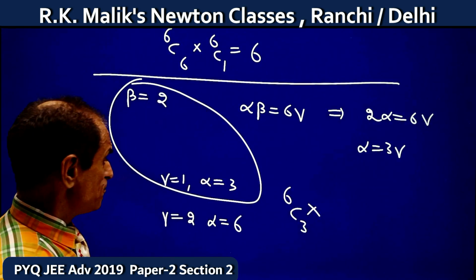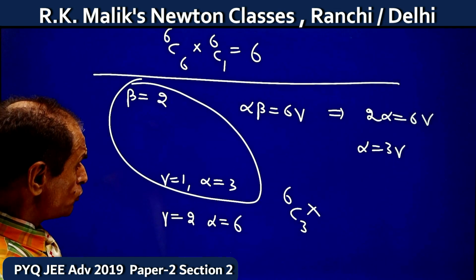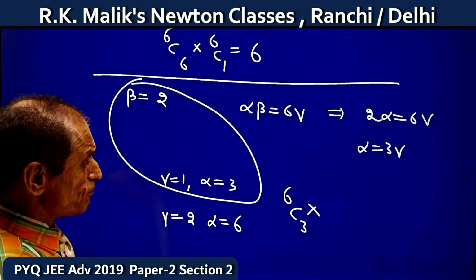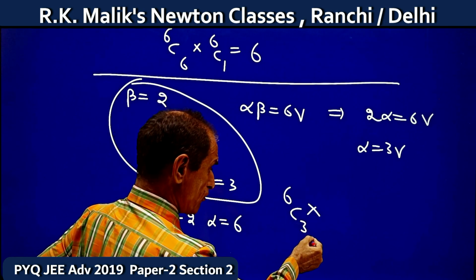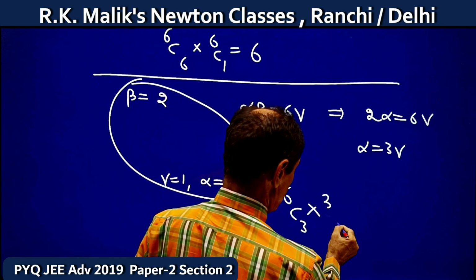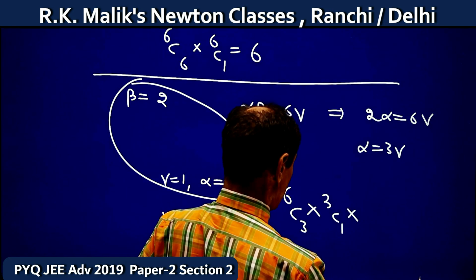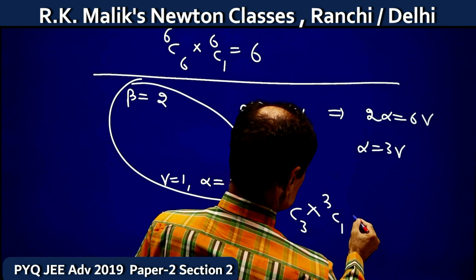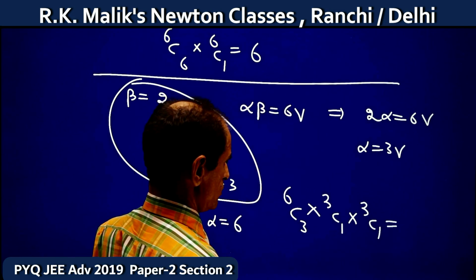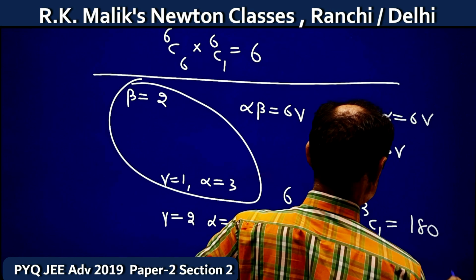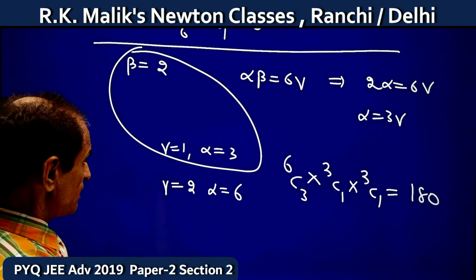And for making the set B, I want to have 2 elements, and out of the 2 elements, 1 element must be common, that is, 1 element of set B must be from these 3 elements, that is 3C1, and 1 element of set B should be from the remaining 3 elements which are not in A, that also can be chosen in 3C1 number of ways. This is equal to 180.